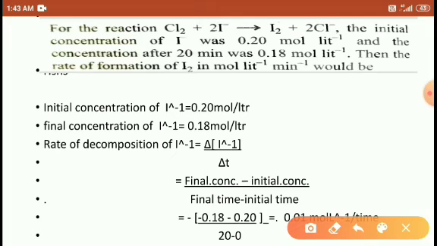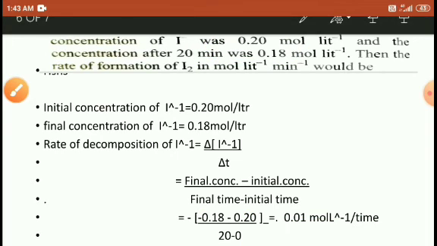So what is the final time, students? Here the final time is 0.18. The initial time, what is the initial time, students? Here the initial time is 0.20, and final time minus initial time, right? Final concentration minus initial concentration whole divided by final time minus initial time. Then we got the answer, students: 0.01 moles per liter per time.